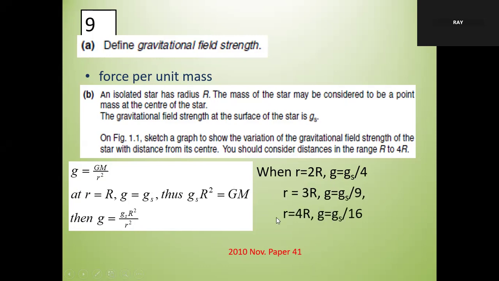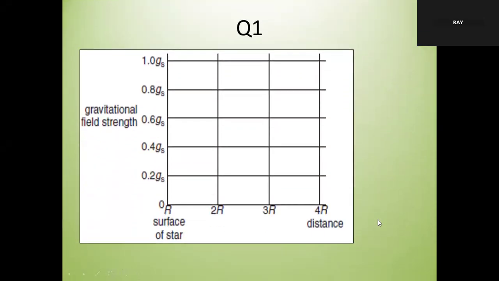Right? For 2r, if you know straight away, go ahead. No need to go through all the maths. Just calculate it out on the paper. A quarter, 1/9, 1/16. That's why, as I said, whether the value is positive or negative is your choice. So this one, they want to put it positive, that is okay.